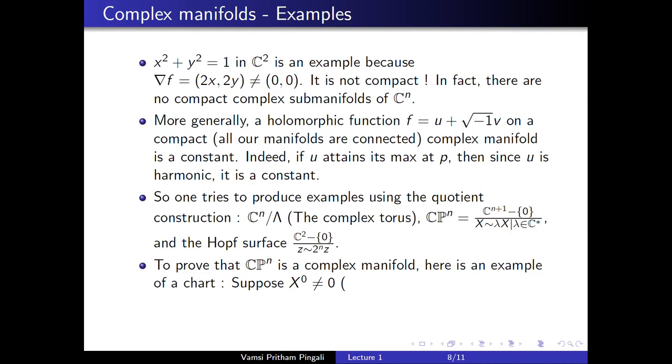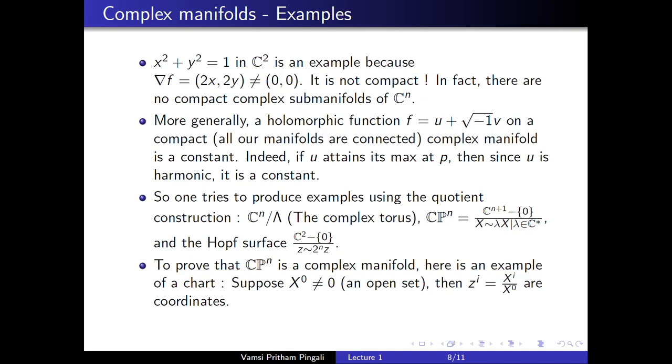Right? So I'm going to start with 0 as opposed to 1. Okay. So suppose you take the open set in Cn+1 where x0 is not 0. That open set defines an open subset of CPn. By the quotient topology you can see that it's still an open subset.